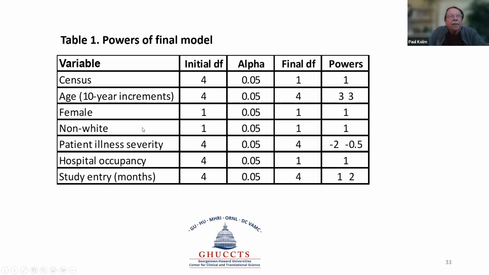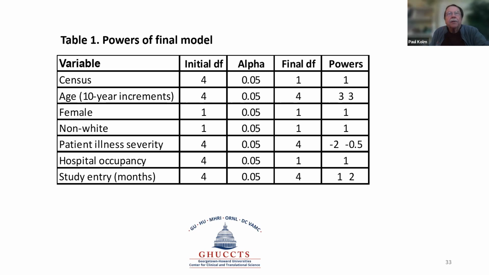Female, non-white, and hospital occupancy are all linear, but patient illness severity and study entry are nonlinear. Most of these are integer, but here we have a fraction where we're going to raise the covariate to that particular power, minus 0.5.